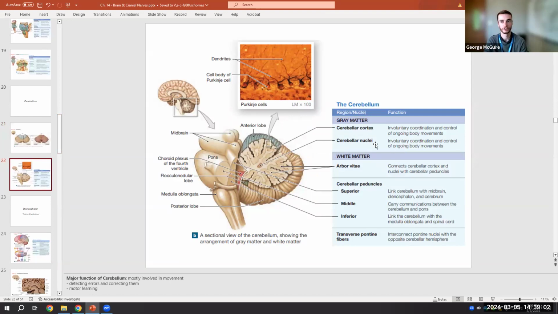The only other structure you may be asked to identify is the arbor vitae, which was that branching network, this little star in the center here of white matter. Okay? So all the myelinated axons that would be sending information into and out of the cerebellum.